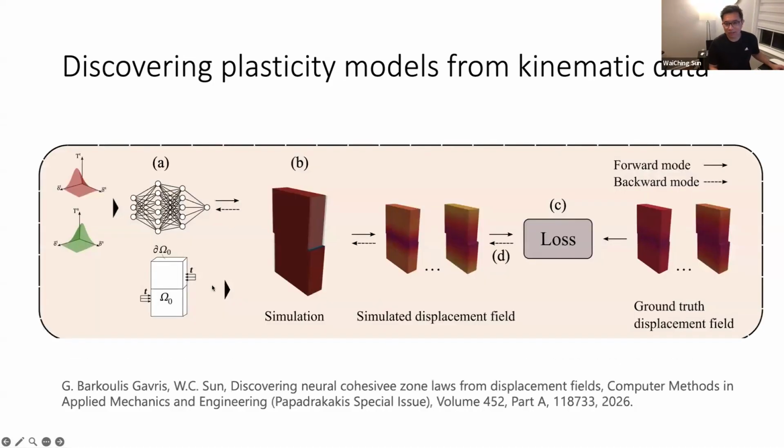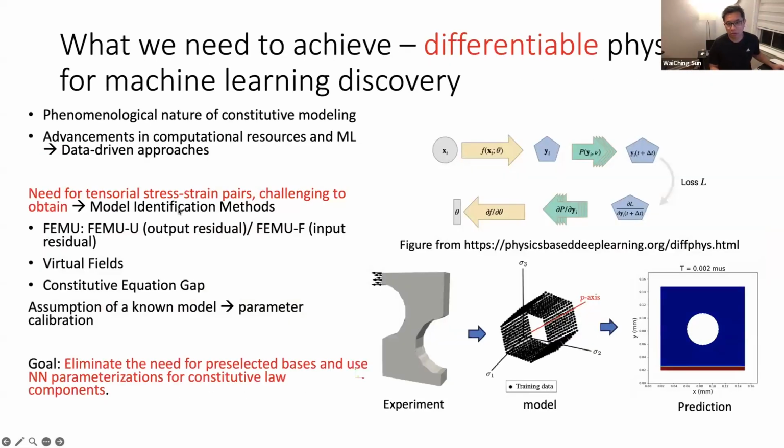The key here is that this could be done both for the cohesive zone law and for the bulk material law. But it needs to be really smooth, and the simulation needs to be differentiable, because otherwise the backpropagation of the neural network won't work.